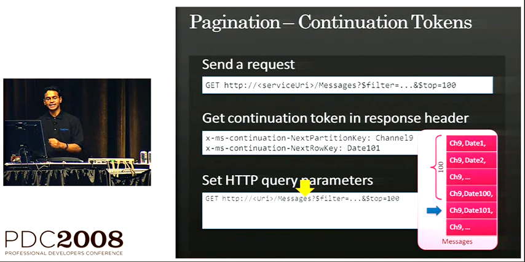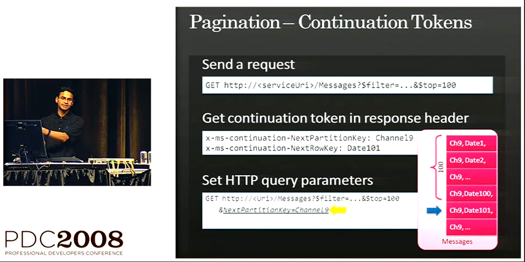But in addition, it uses the information that it just got. It adds HTTP query fragments, which say next partition key equals channel 9, which is the value you got from the header, and next row key equals date 101, which is the row key you got from the header. When you execute this query, the server will get you the next 100 results starting from date 101.